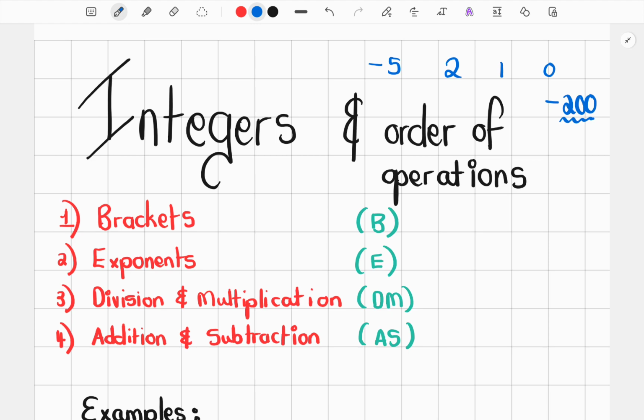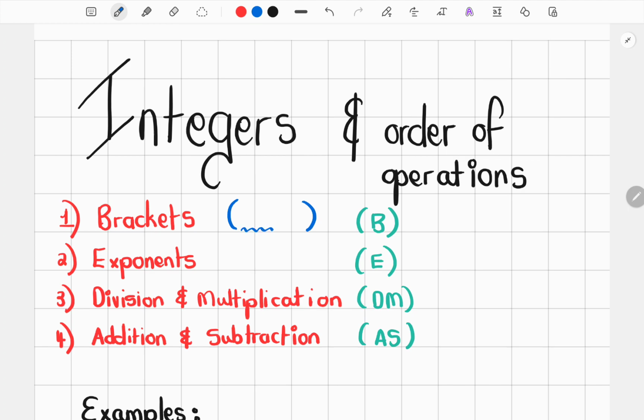Now the order of operation tells you in which order to tackle a sum and to start simplifying the expression that was given. We talk about BEDMAS. The B is for brackets. So like a moth to a flame, you're always drawn to your brackets.